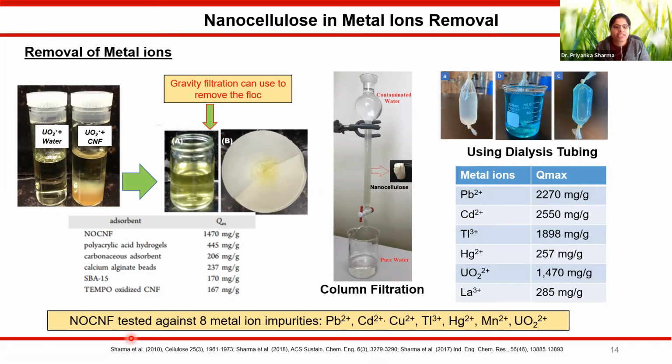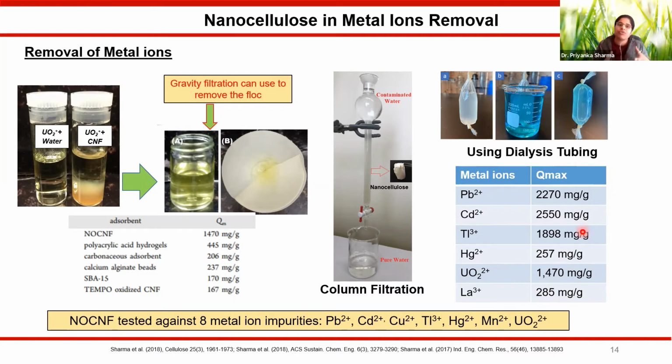And this way we tested this NOCNF for 8 metallic impurities, including lead, cadmium, copper, thallium, mercury, manganese, uranium, etc. The important thing to note is that this NOCNF has shown the highest efficiencies in most of the cases, higher than the existing bioadsorbent or chemical adsorbent, etc. Then we tried to find the reason behind the highest adsorption capacity of NOCNF for these metal ions.